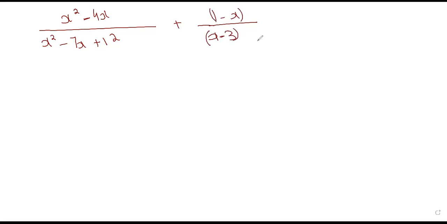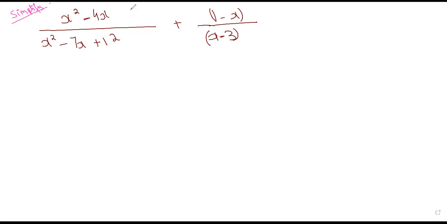Okay. Again, the question would be to simplify, right? In order to simplify, even if it's a simple algebraic expression, even if it's not a fraction, you need to find the factors just so you are able to cancel them and then you would have a simplified answer. So in order to simplify this, we need to work with both the fractions separately.